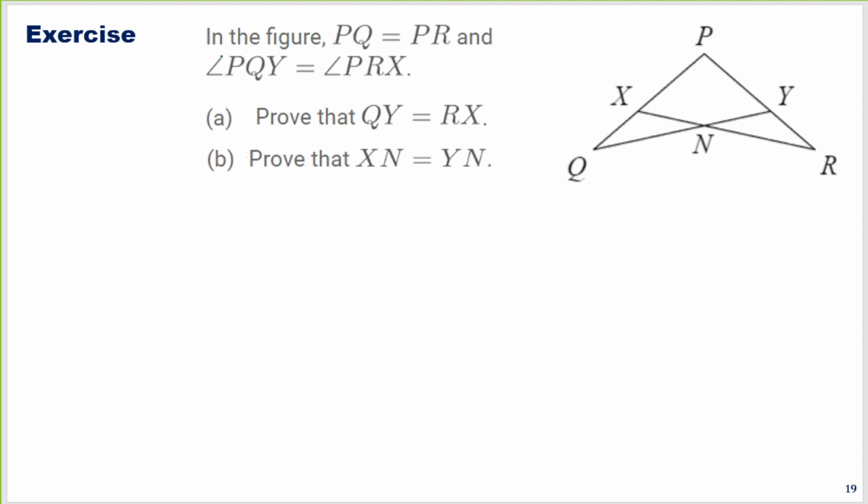In this figure on the right, PQ is equal to PR, and angle PQY equals angle PRX. Can you prove first QY equals RX, and then XN equals YN?